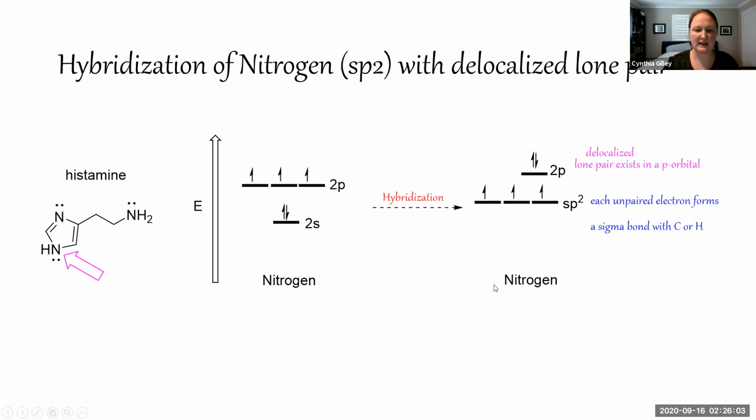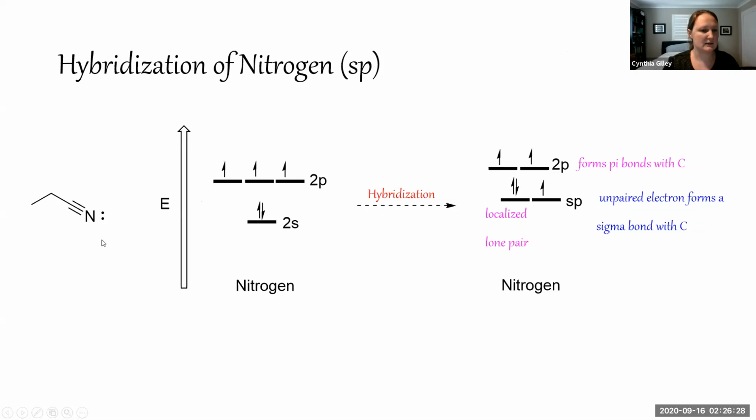And again, as we study aromaticity in this chapter, I think that will make a little bit more sense to you. So it's forming 3 sigma bonds, right, with each unpaired electron in an sp2 hybridized orbital. And as one lone pair, it might seem like it's unstable in a 2p orbital, but again, it's delocalized over a series of, in this case, 5 overlapping p orbitals that all exist in a ring. Okay, so that's super important.